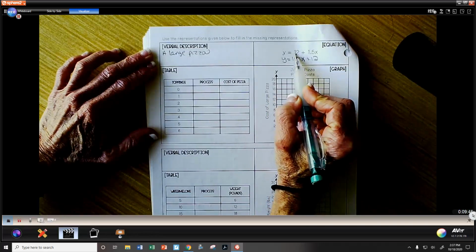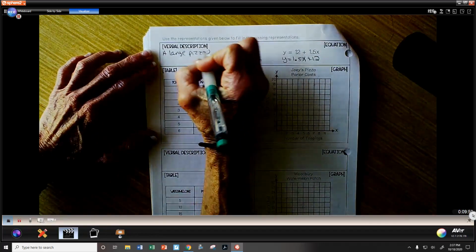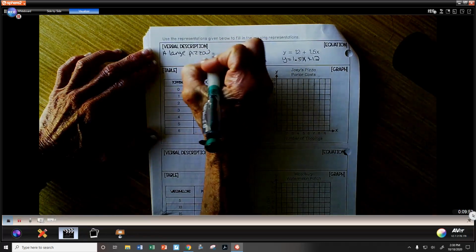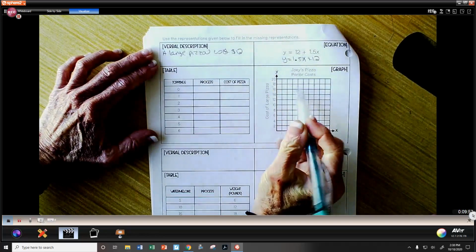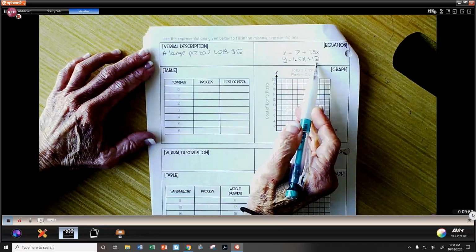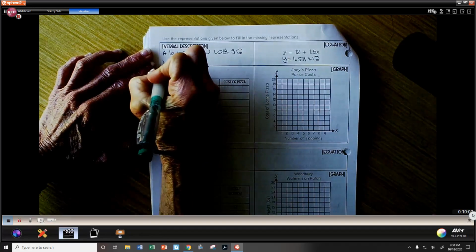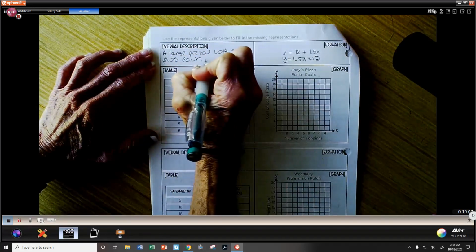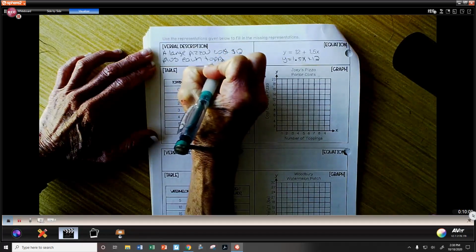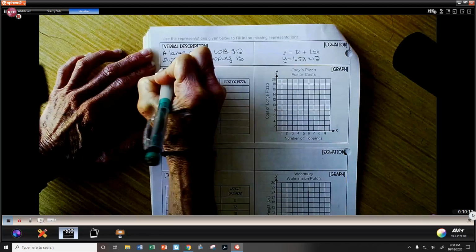A large pizza with 0 toppings is $12. So a large pizza costs $12, and that's because that's our y-intercept. That's our starting point. Plus each topping is $1.50.